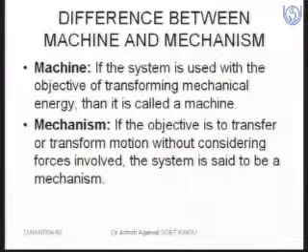On one hand they seem to be similar, but we will try to differentiate between them. What is a machine? A machine is a simple system which is used for transforming mechanical energy into some other useful type of energy. While for a mechanism, the objective is only to transform the motion without considering the force.